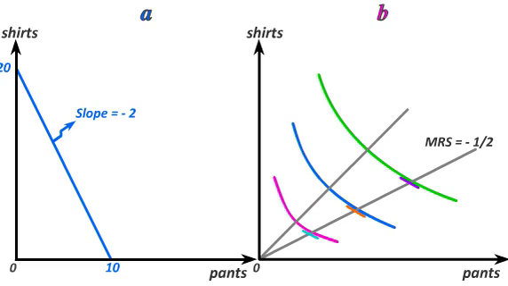Of course, my marginal rate of substitution will change as I switch to a different ray from the origin. Along this steeper ray, for instance, my marginal rate of substitution is equal to -1, indicating that for any bundle that lies along this ray, I'm willing to trade 1 shirt for 1 pair of pants. I'm willing to give up more shirts for pants along this steeper ray, because along the steeper ray, I have fewer pants relative to shirts at any given bundle.